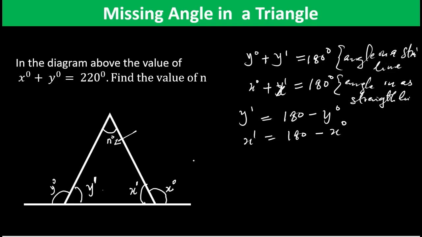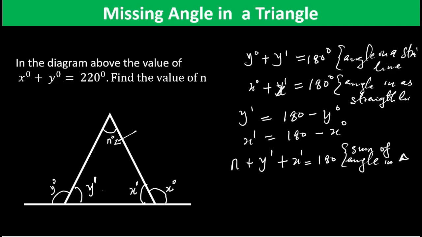Now, if you look at the triangle itself, n plus y prime plus x prime is equal to 180. That's the sum of angles in a triangle.